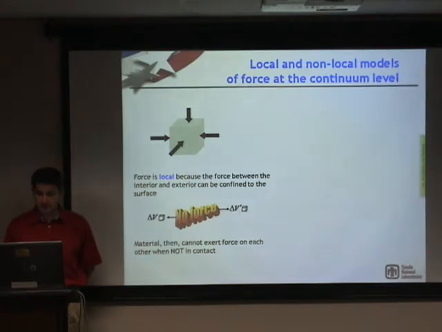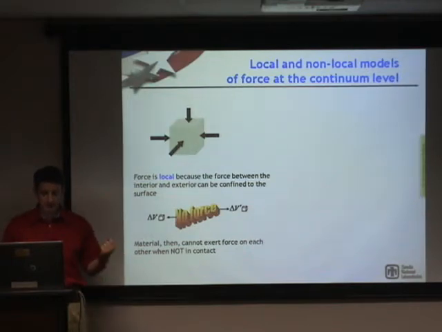Okay, so let's say at a very intuitive level, what do we mean by local and non-local model of force? So in the classical continuum theory, the force model is local because the force between the interior and the exterior of this cube is transmitted through the surface. That's the Cauchy hypothesis.